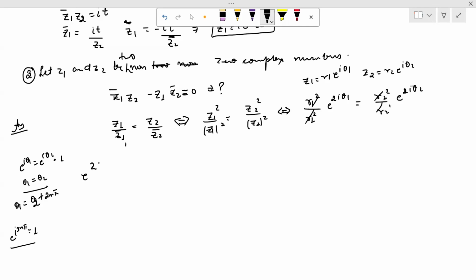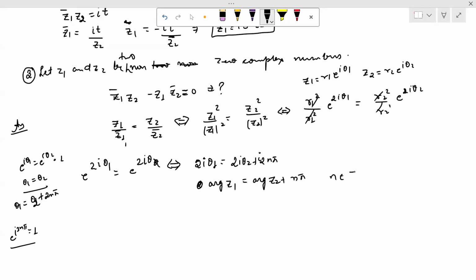So if I'm writing e to the power 2 iota theta 1 is equal to e to the power 2 iota theta 2, what does it imply? It implies that 2 theta 1 is equal to 2 theta 2 plus 2n pi, and it implies that argument of Z1 is equal to argument of Z2 plus n pi, where n belongs to Z. What does it imply?